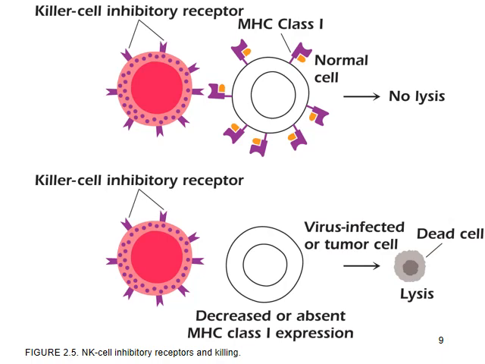So the cell shows MHC class 1. This shows a histocompatibility gene, which is class 1. I'll discuss that in a full lecture on that. And then the killer cell will look at it and say, "Hey, yeah, you're right. I'm not going to kill you. No lysis."